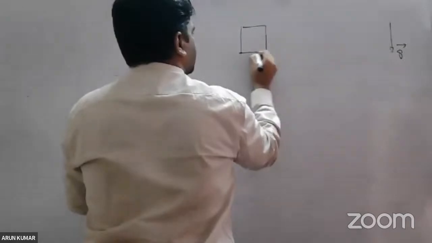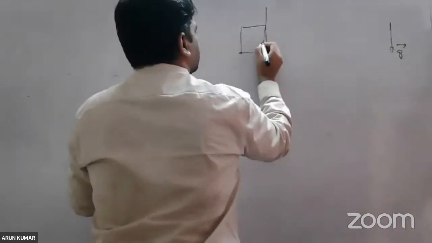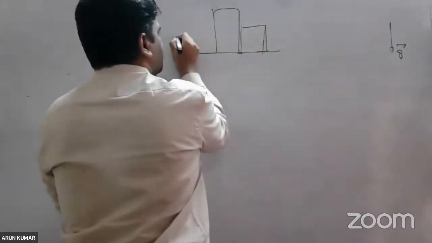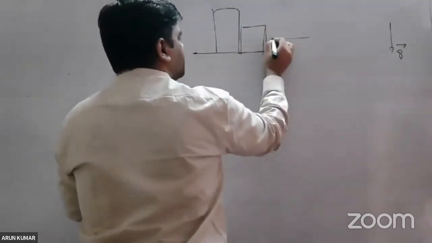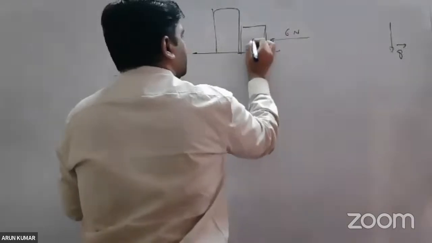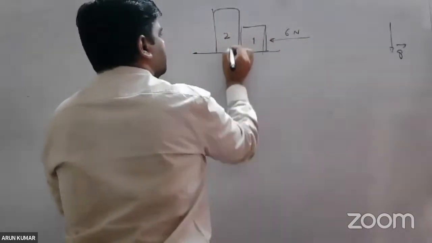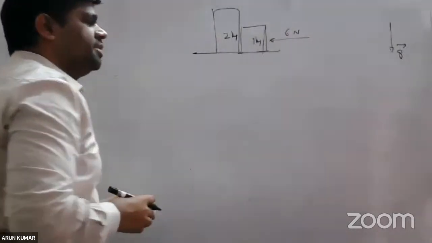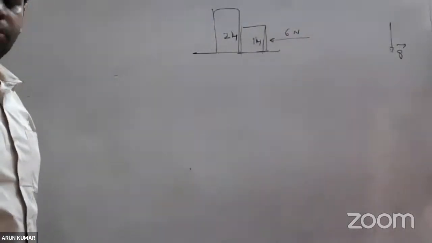Now let's say the 1 kg is like this, and the 2 kg is like this. I was pushing from here, but now I push it from here. 6 Newton. This is 1 kg, this is 2 kg. I have to find the normal reaction between the two and the acceleration of the blocks.